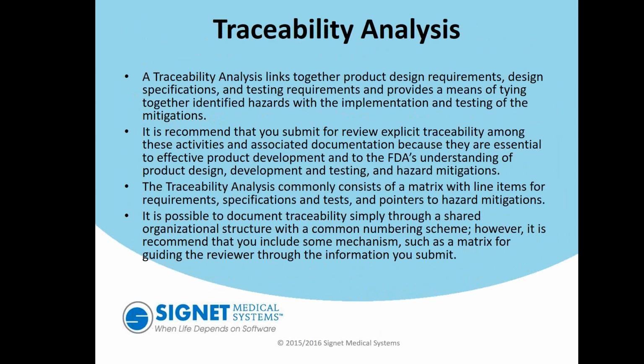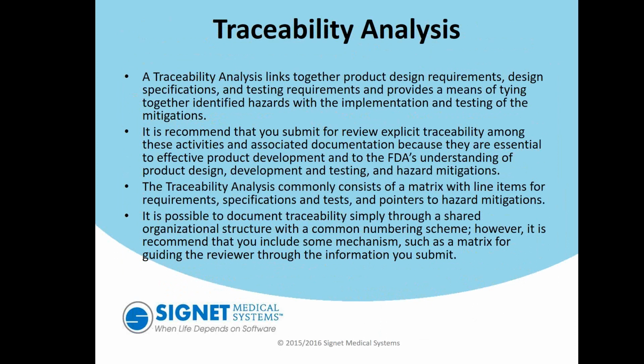There are some software tools out there that help you with that. I think DOORS is a common application that helps people with traceability analysis. It is quite pricey. There are some other applications out there that can be used that are a little less expensive, but to ensure that you do have the traceability analysis is key.